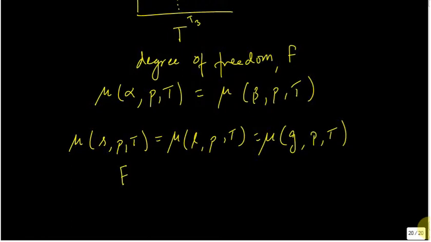Okay, so now let's think of this single component system that we just saw. You could have either 0, 1 or 2 degrees of freedom. You cannot have 3 degrees of freedom. We have only 2 variables, so we can never have 3 degrees of freedom, right? Which means that four lines cannot intersect at the same point in the phase diagram.